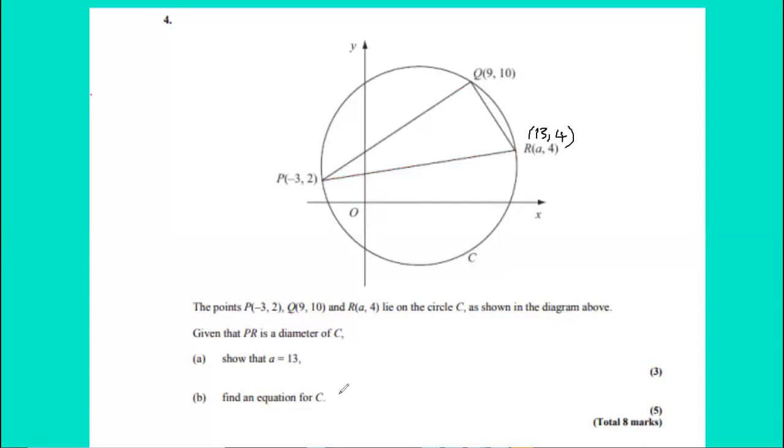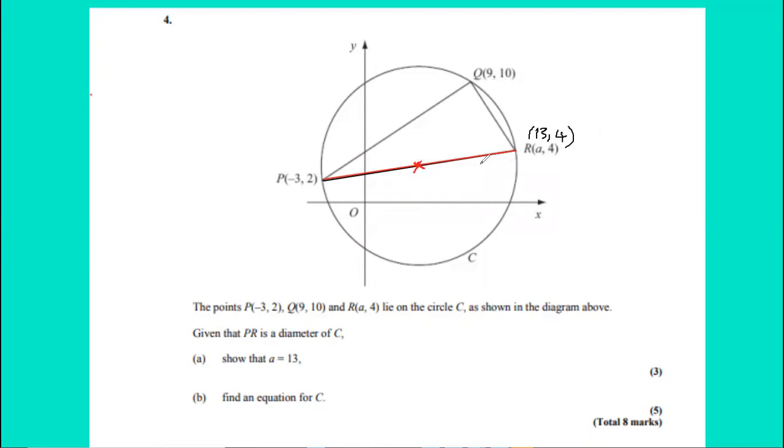Now, to work out the equation, we need the center and we need the radius. We already know this is the diameter, we already know these two points here. What we could do to work out the center is just find the midpoint of this line.